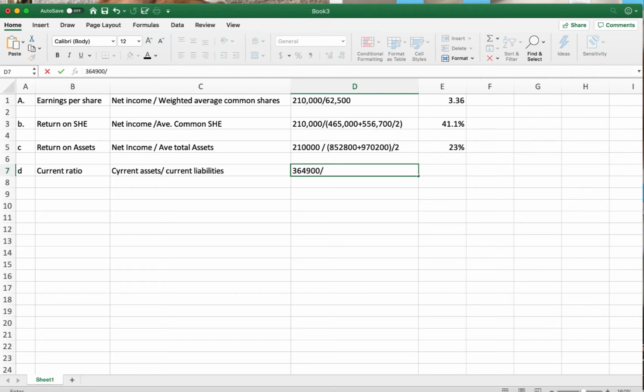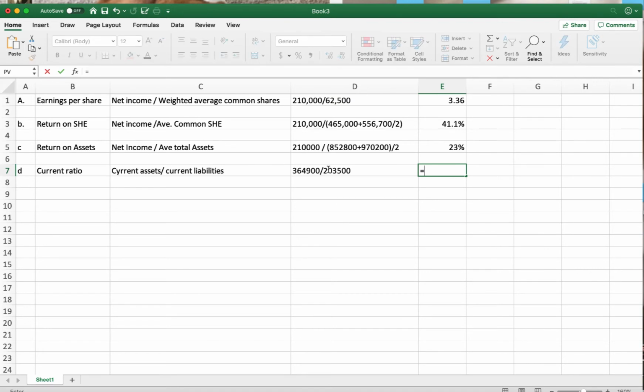So if we scroll down the balance sheet, we see total current liabilities for 2017 are 203,500. So we type that in, 203,500.